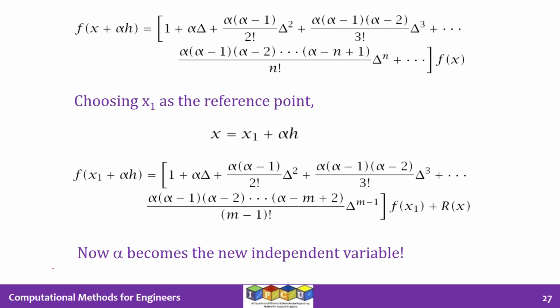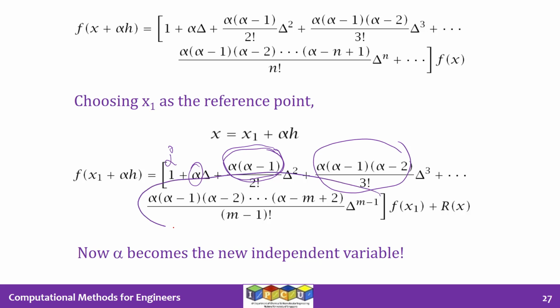One more thing is that we have a polynomial in powers of alpha now, because this is alpha to the power of 0. You can take it like that. This is alpha to the power of 1. This one will give us alpha squared minus alpha. All right, but all we are trying to say here is this term contributes alpha to the power of 2. This term would contribute alpha to the power of 3.